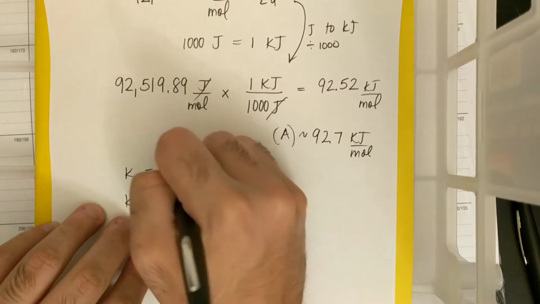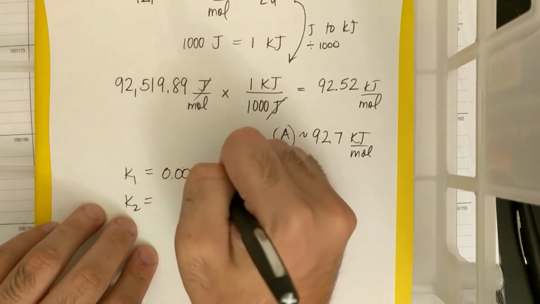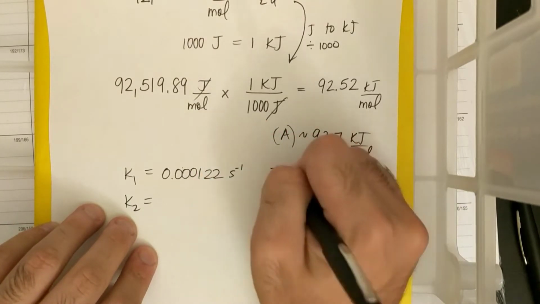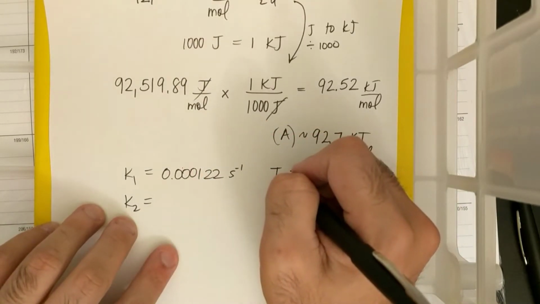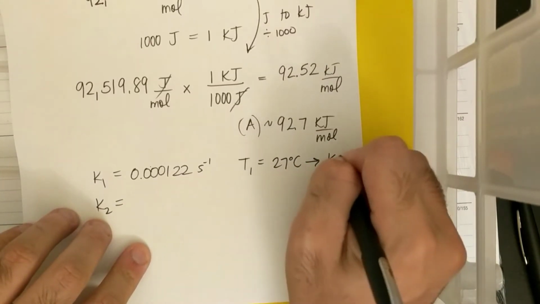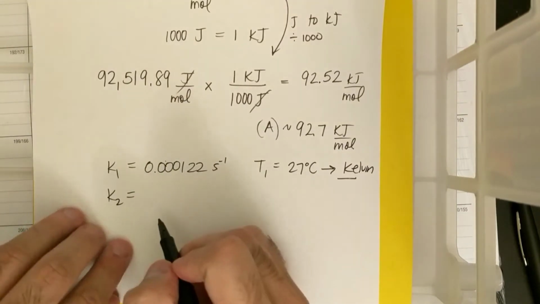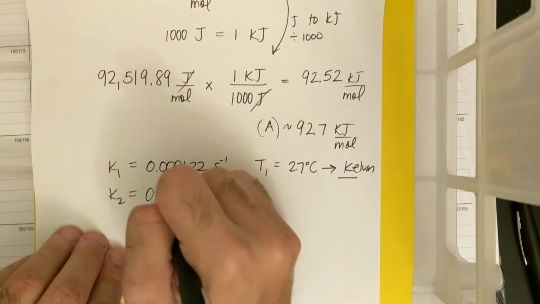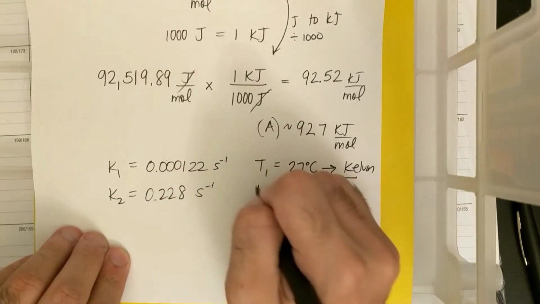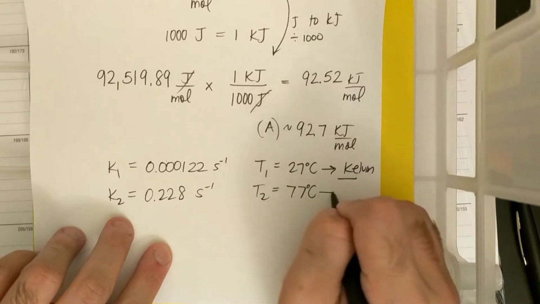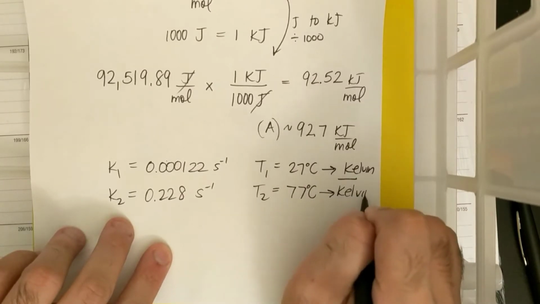So K1 would be 0.000122 per second, and this is at a temperature of 27 degrees Celsius, which you need to have in Kelvin. And then K2 is 0.228 per second, and that temperature is 77 degrees Celsius, which you need to bring to Kelvin.